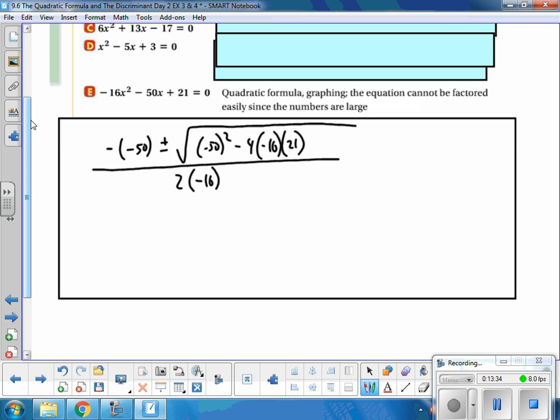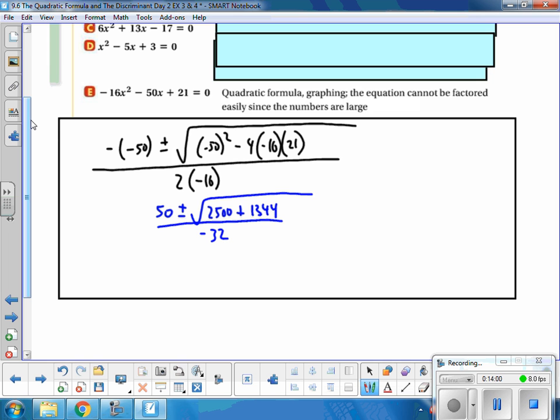If I simplify this out, I see 50 plus or minus the square root of negative 50 squared, which is 2,500, plus negative 4 times negative 16 times 21. I did this one earlier, I'm not doing that one in my head. And that's all over negative 32.